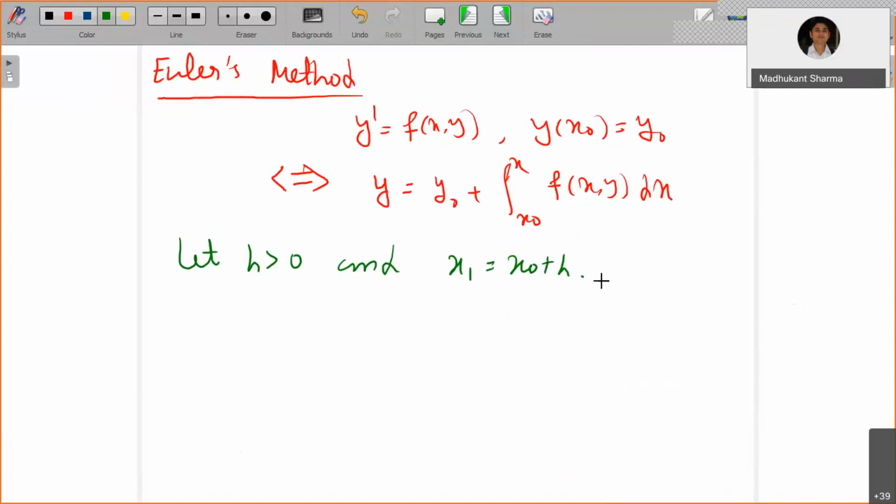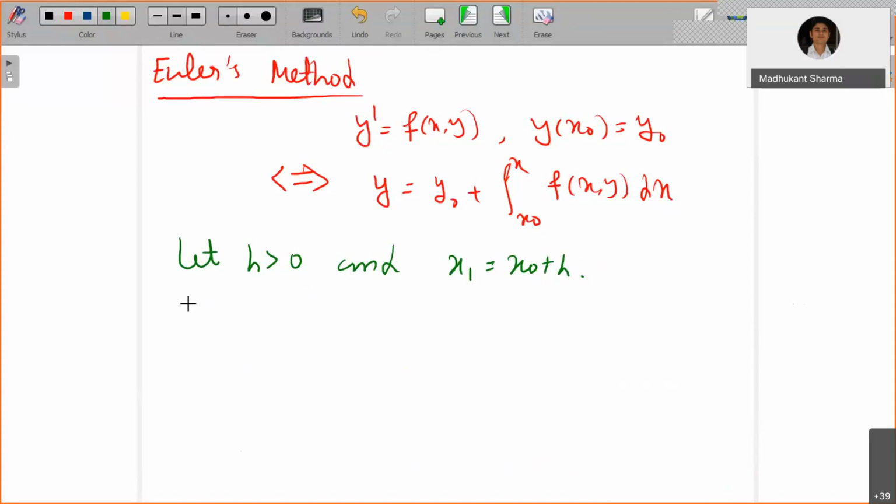At present we are not doing the error analysis. What will happen at large or small h, you can analyze through the examples. So let h be the positive increment and x1 the next point to x naught, with step h. It is also called step size.